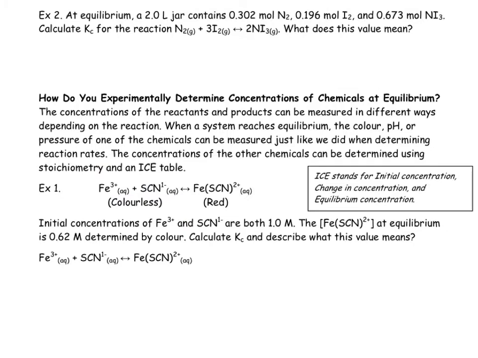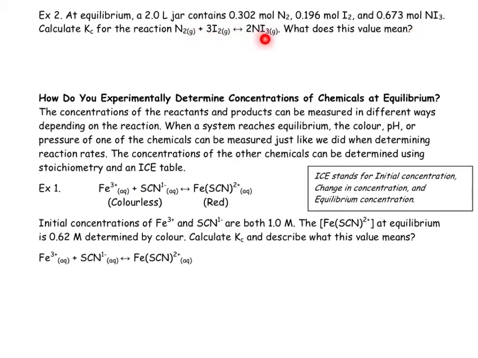Let's have a look at example 2. At equilibrium, a 2-liter jar contains 0.302 moles of N2, 0.196 moles of I2, and 0.673 moles of NI3. Calculate the equilibrium constant for the reaction, and then interpret what that value means.